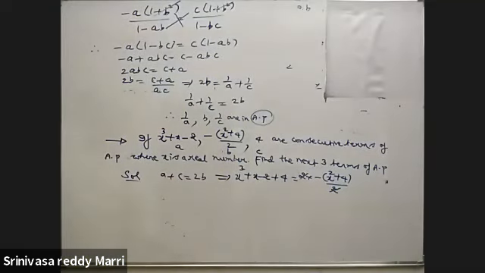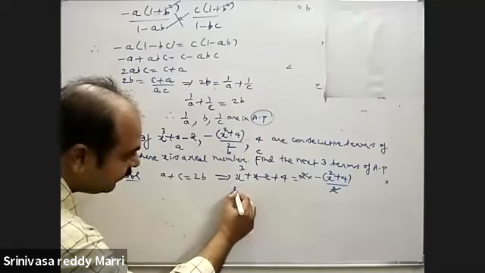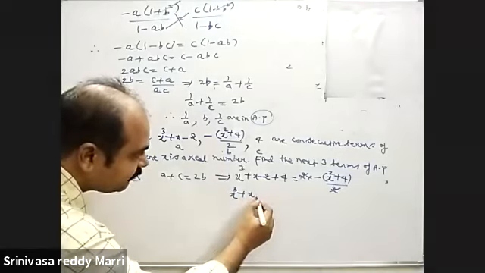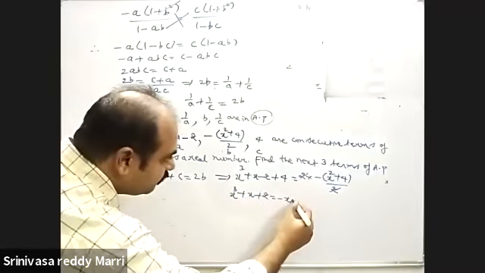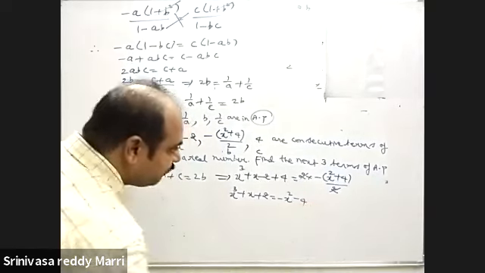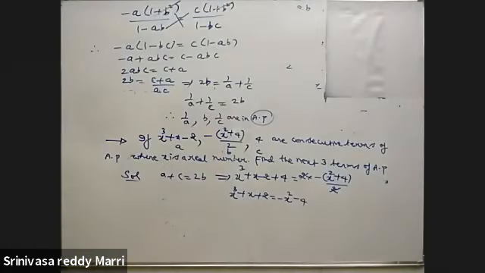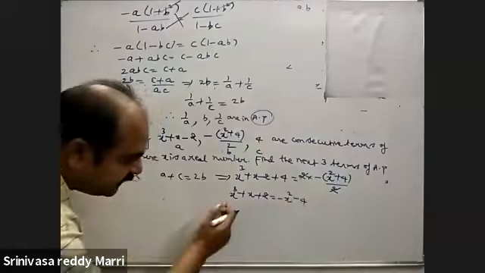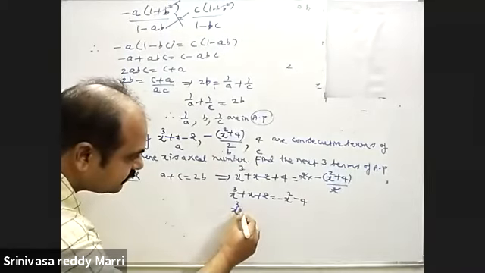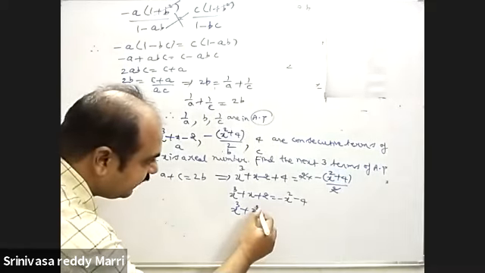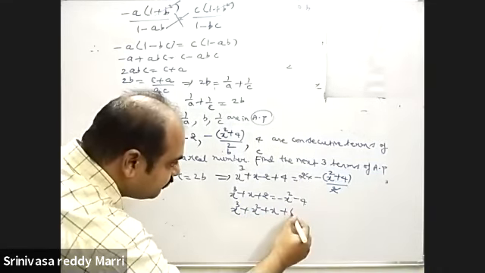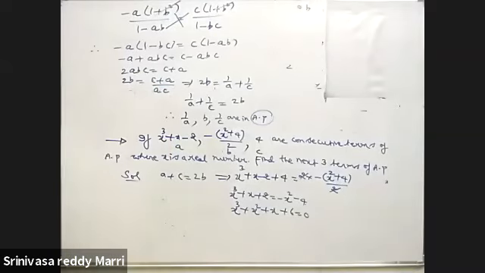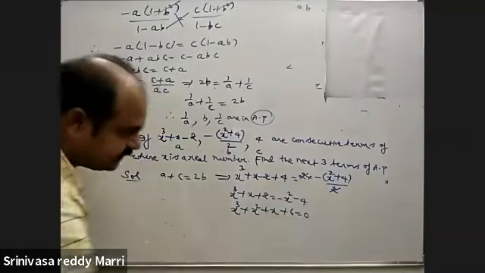So therefore, x cube plus x plus 2 equals minus x square minus 4. Bring this side: x cube plus x square plus x, 2 plus 4 is 6.